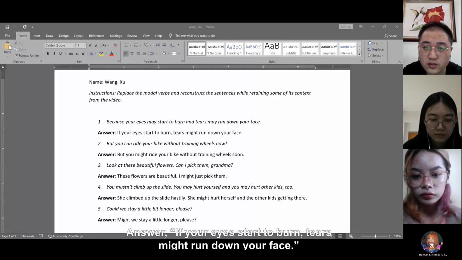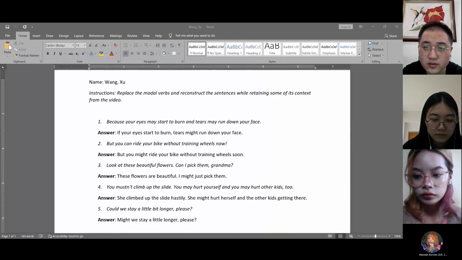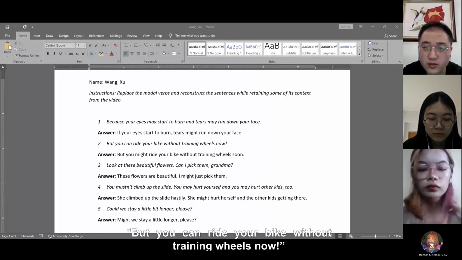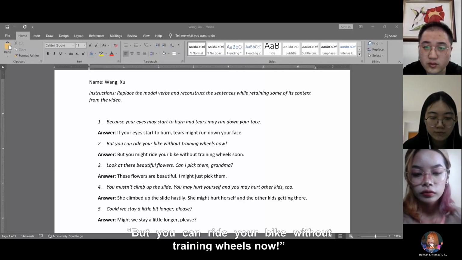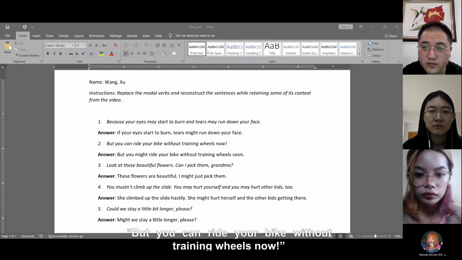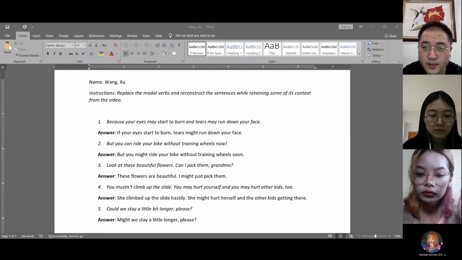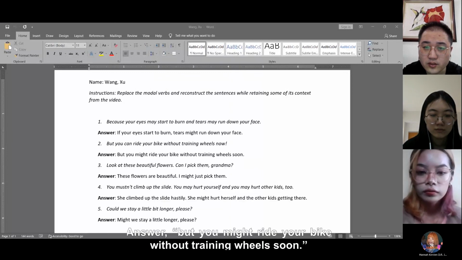It just might bring down your feet. But you can clean your feet without training your snow. Also, but you need your bike without training your swim.